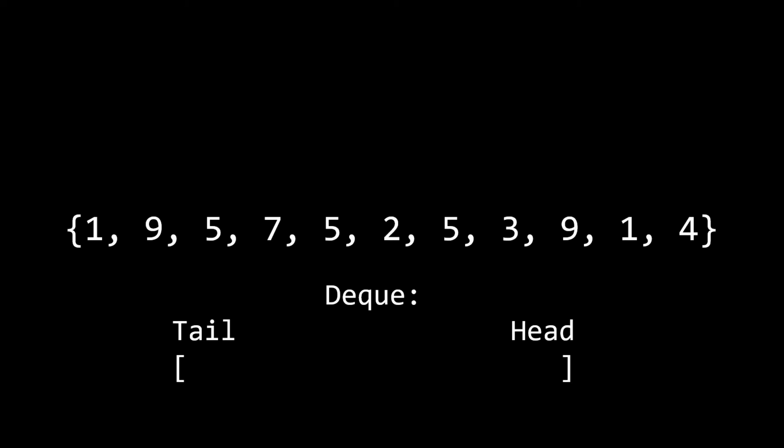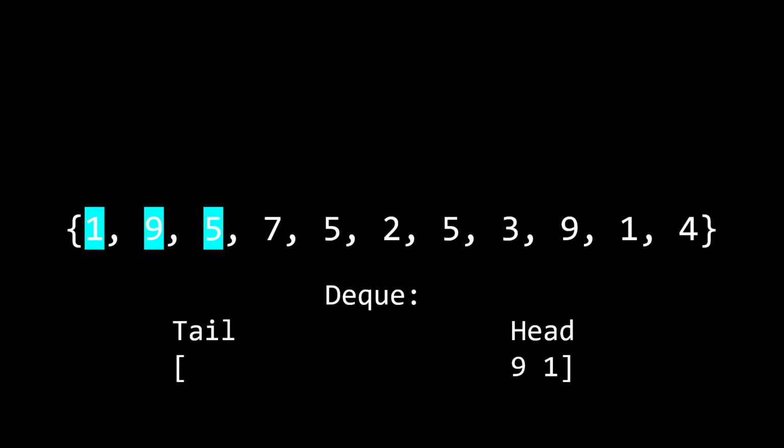N is equal to 11, and k is equal to 3. So first we're going to scan through the first k elements. We have a 1 here, and then a 9, so we can simply add that from the tail. Once again, we want to maintain a strictly decreasing order of our double-ended queue.